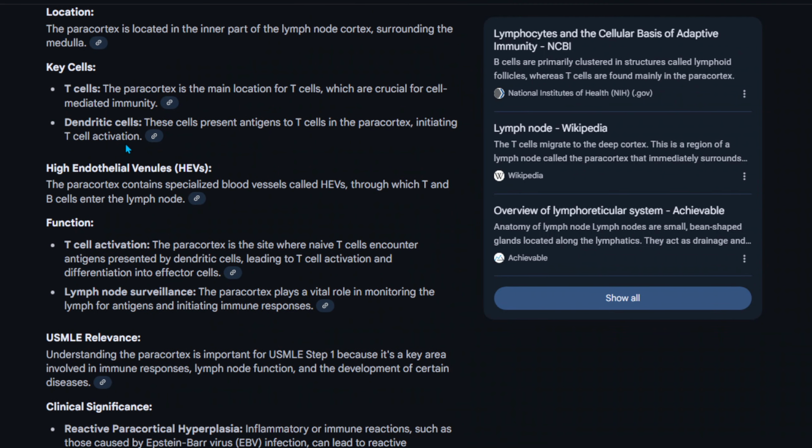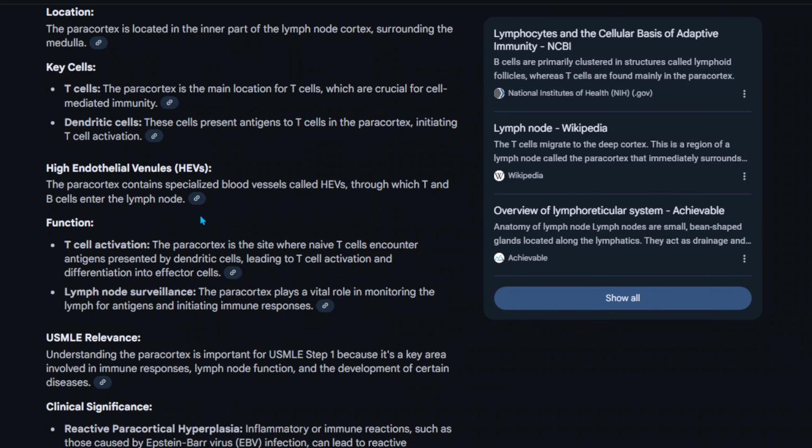Remember, as we mentioned before, the high endothelial venules are in this area. The paracortex contains specialized blood vessels called high endothelial venules, through which the T and B cells enter the lymph node.